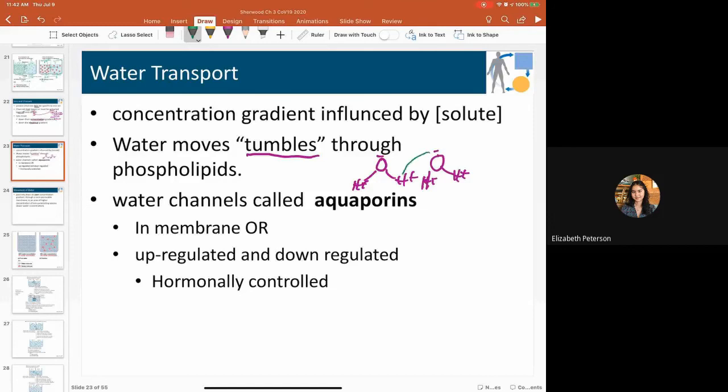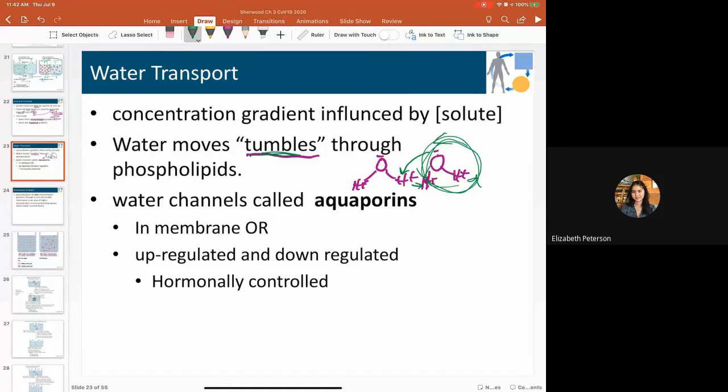Oxygen tends to be attracted to the hydrogen, and the hydrogens are repelled, like charges repel. So this starts the molecule spinning, set to tumble.